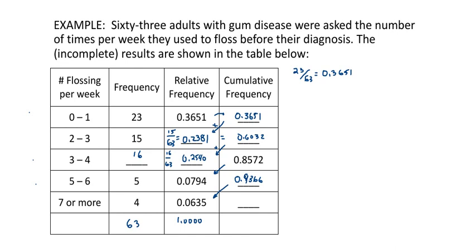And sure enough, we should get about 1.000. Well, we actually get a 1.0001. But we're going to ignore that, probably a rounding error somewhere in here. But this number right here should match with our total relative frequency. And that's it. Good luck.